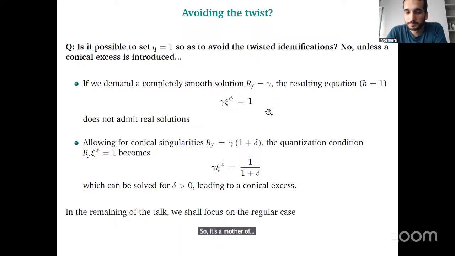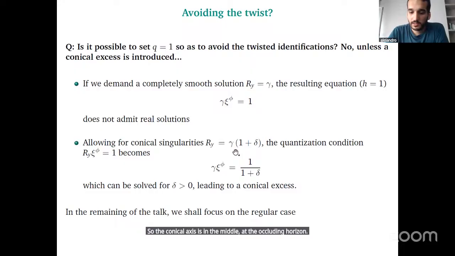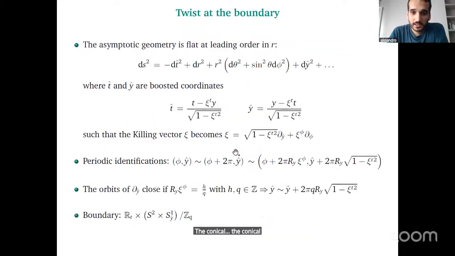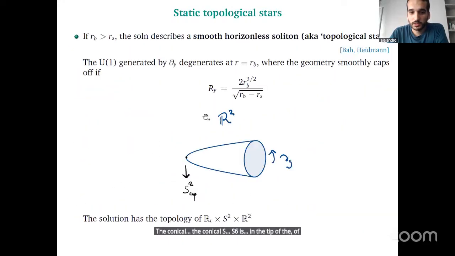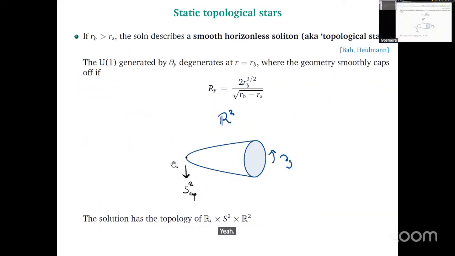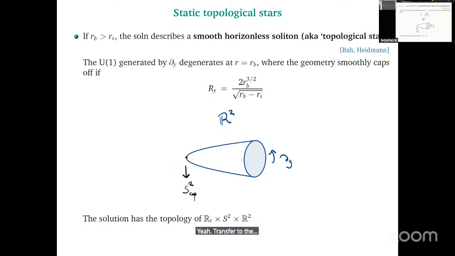I don't know. The conical axis is in the middle at the Euclidean horizon. The conical axis is at the tip of the R2 here. So it's transverse to the. I see.